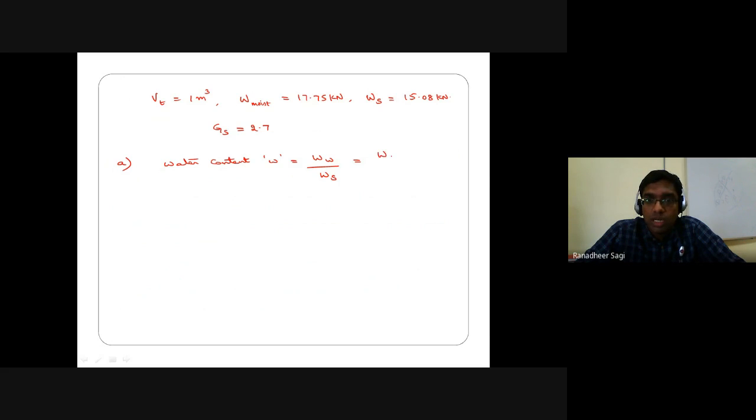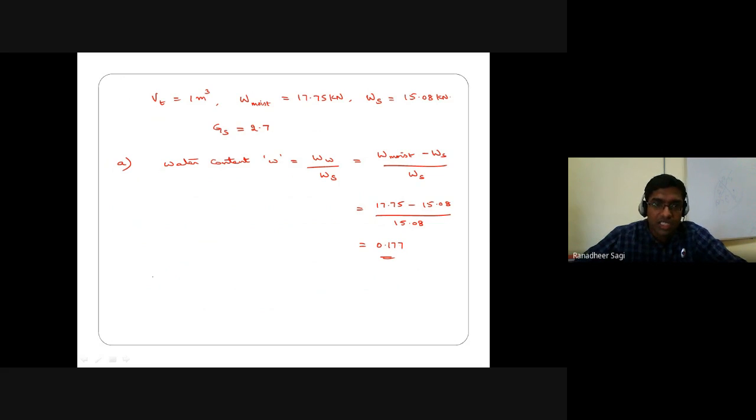It is the moist weight of the soil minus the weight of solids, divided by the weight of solids. The moist weight is 17.75 kilonewtons minus the weight of solids, 15.08, and this total is divided by 15.08. Upon solving, we get the water content of that soil at its natural state to be 0.177.